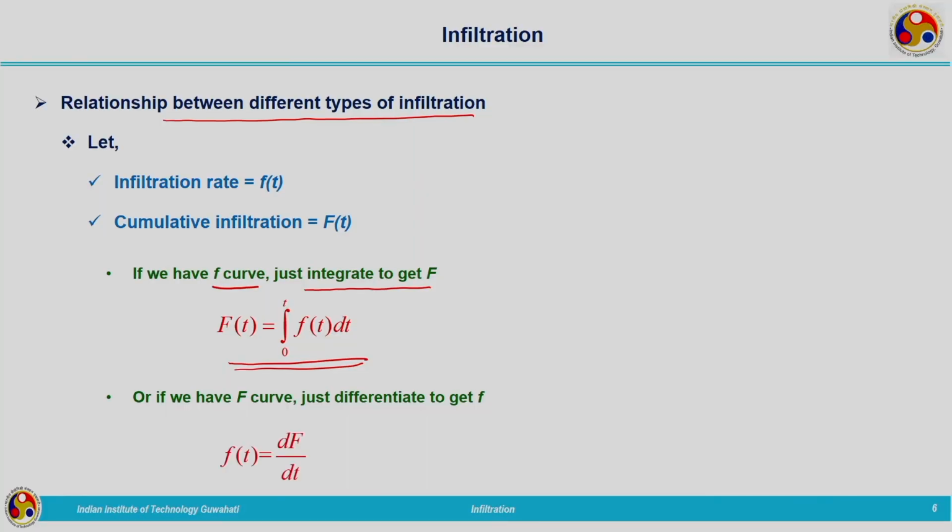So, small f of t, the infiltration rate, can be obtained by differentiating the cumulative infiltration curve, that is dF by dt. This is the relationship. If the infiltration rate is available, you can get the cumulative infiltration by integrating it over that period of time, and if the cumulative infiltration is available, you can differentiate that curve to get the infiltration rate.